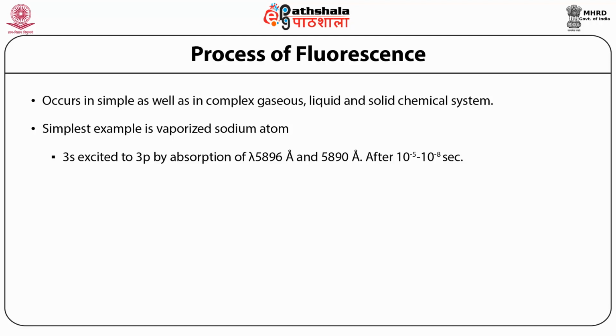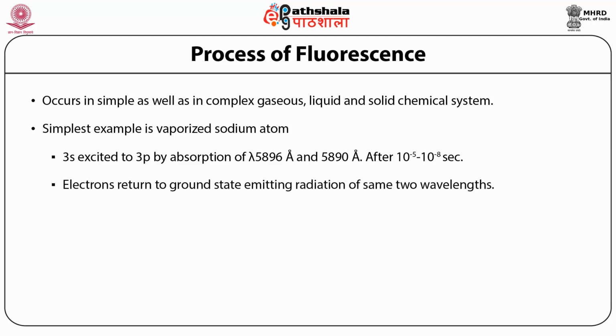Immediately after the source of light is stopped, the electron returns to its ground level by emitting photons of the same two wavelengths. This only happens within 10 to the power minus 5 to minus 8 seconds. Such a phenomenon is known as resonance fluorescence.